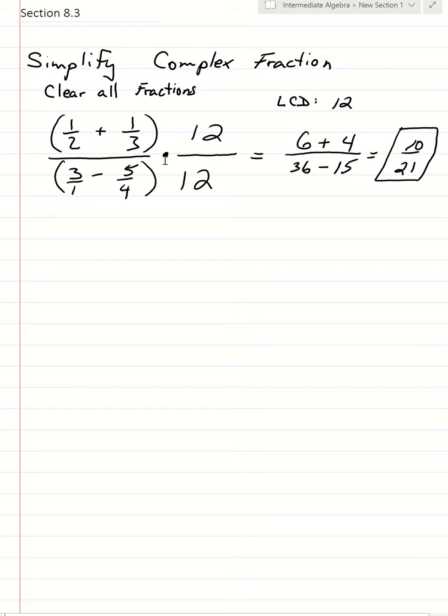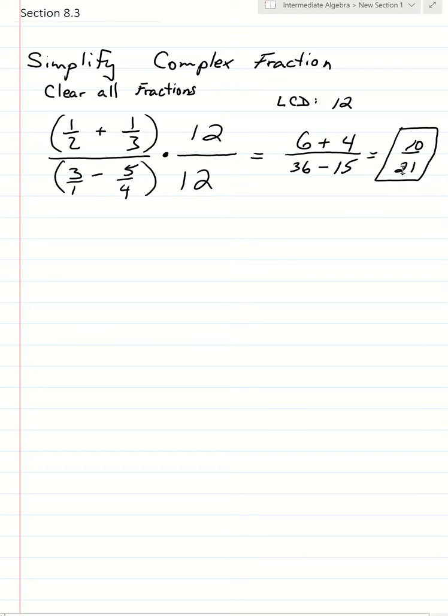In essence, we multiplied by a form of 1, 12 divided by 12. It's a very unique form of the number 1 that puts the lowest common denominator over itself. When you perform that multiplication, you get an equivalent simplified fraction with no more little fractions.